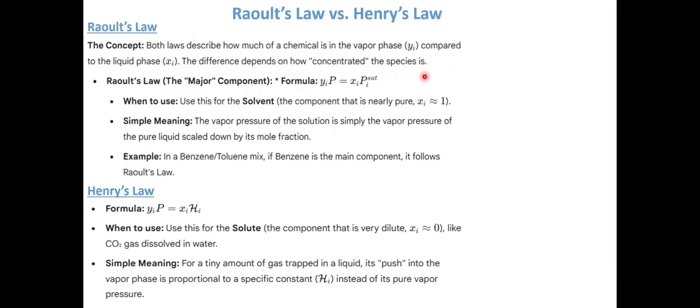So let's focus on the mathematical expression first of all. We have y_i P equals x_i P_i saturated. What does that mean? Let me explain it to you. y_i means the vapor phase composition of component i. i can be any component: benzene, water, alkanes, alkenes. y_i is the composition of that species in the gas or vapor phase.